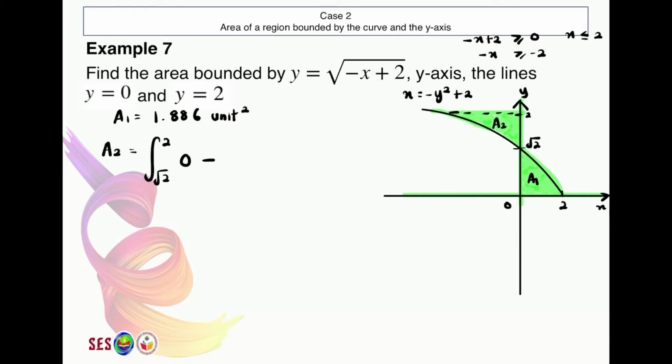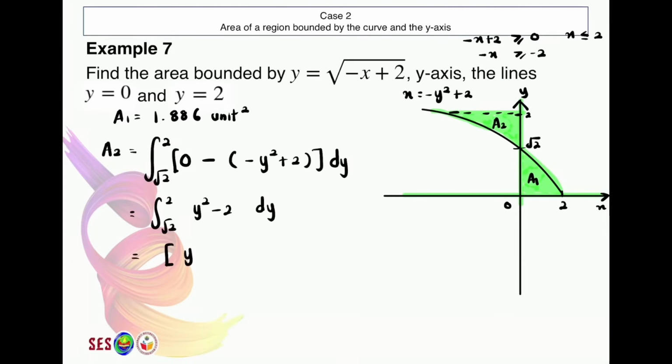Left function will be minus y squared plus 2. And the whole thing will be integrated with respect to y, so we put dy. So simplifying further, we'll get y squared minus 2 dy. Then integrating with respect to y, we get y to the power 3 over 3 minus 2y, from root 2 to 2.